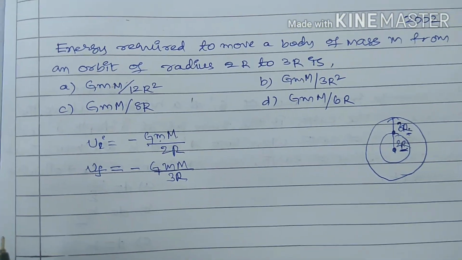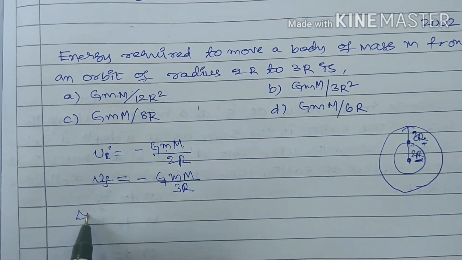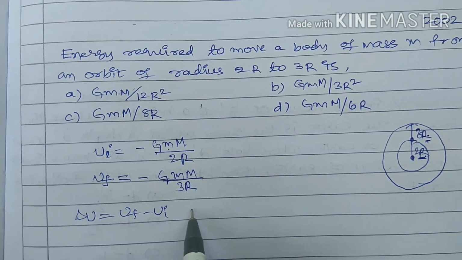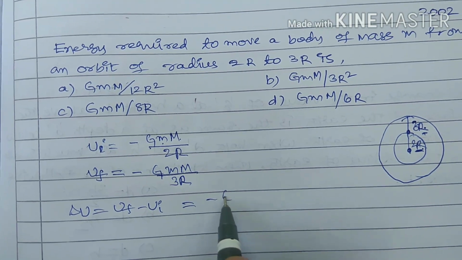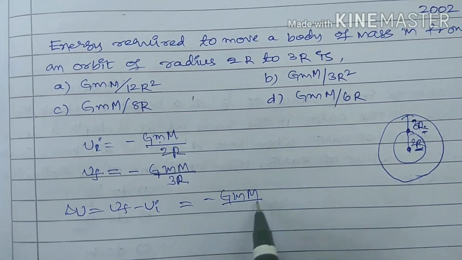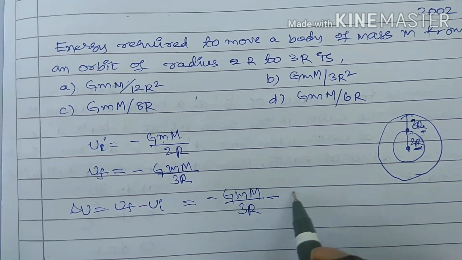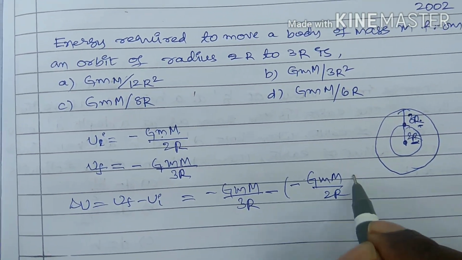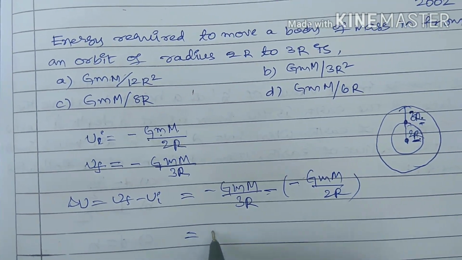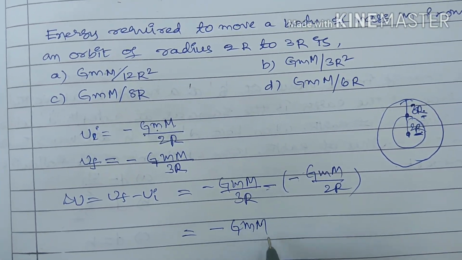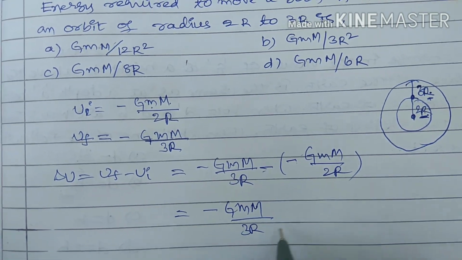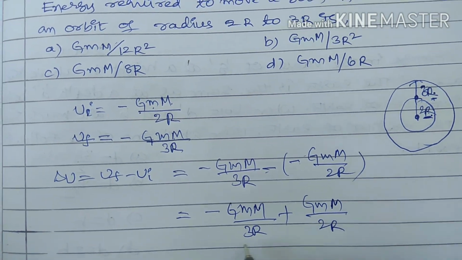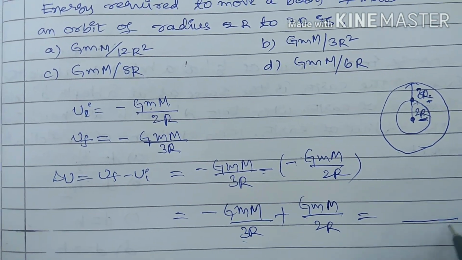So the potential difference, delta U, is equal to Uf minus Ui, where Uf is minus GMm by 3r and minus of GMm by 2r. So minus into minus becomes plus: minus GMm by 3r plus GMm by 2r. Here for 3r and 2r, the LCM is 6r.